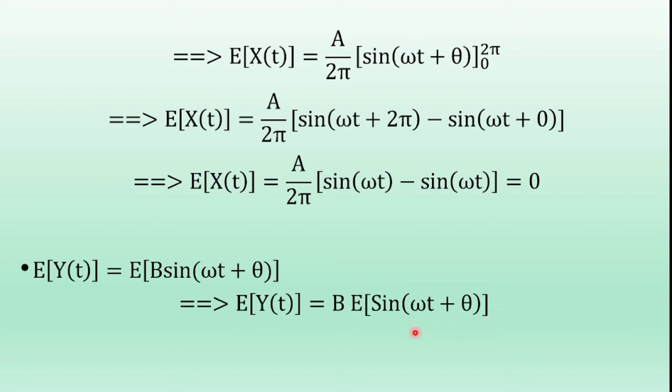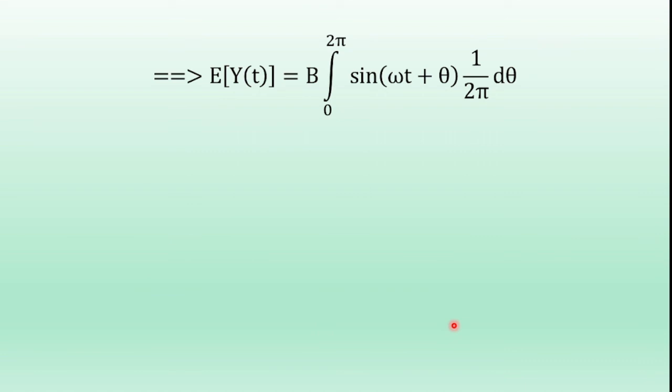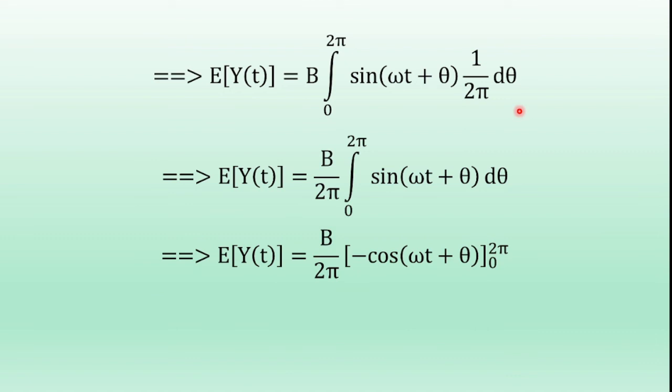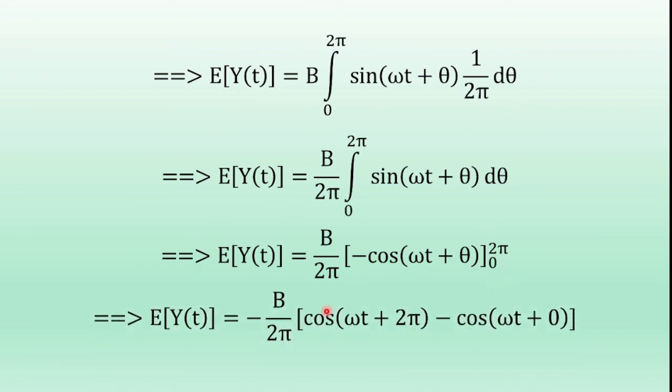Using the expectation expression, this is the integral from 0 to 2 pi of sine of omega t plus theta into 1 by 2 pi d theta. The integral of sine of omega t plus theta is minus cos of omega t plus theta over 0 to 2 pi, which equals minus b by 2 pi, with the minus written before.